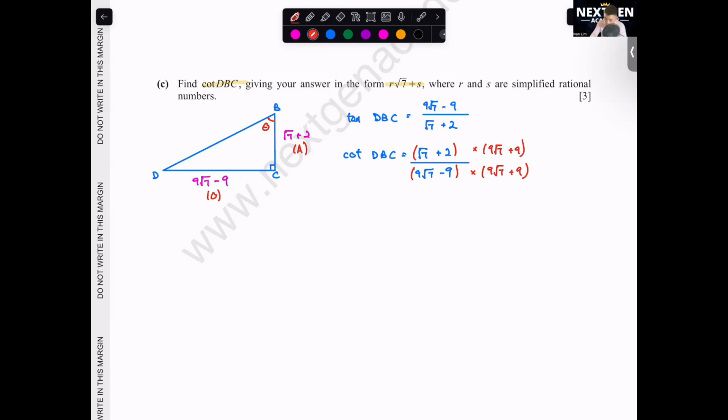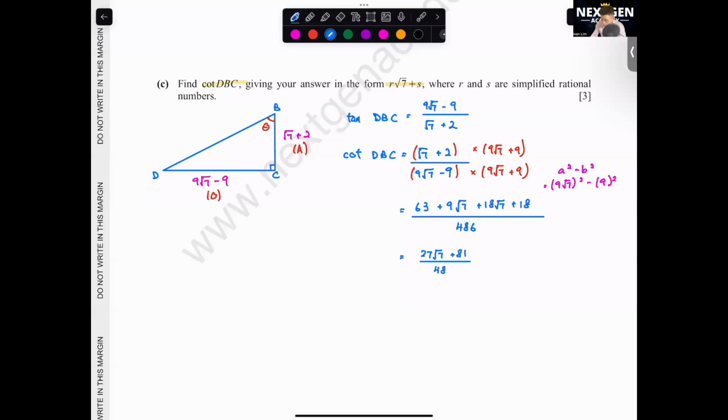On the top, we will get 9 times 7, 63, plus 9 root 7 plus 18 root 7 plus 18, over, at the bottom, a square minus b square: 9 root 7 squared minus 9 squared. Just use your calculator over here. You will get 486. And then we add it up, 27 root 7 plus 81 over 486.